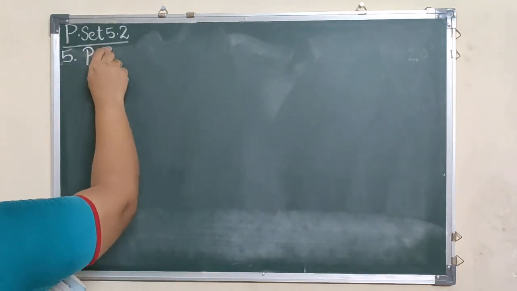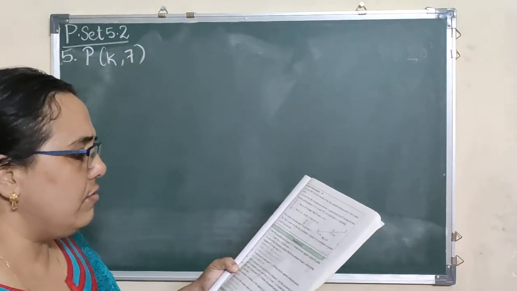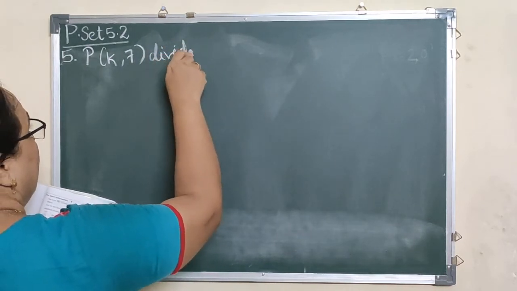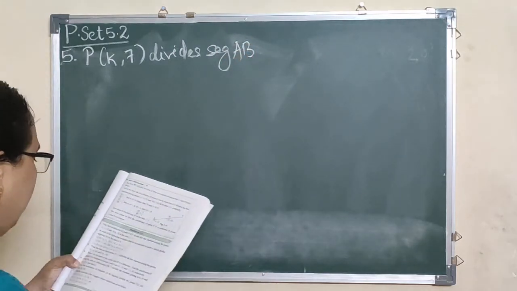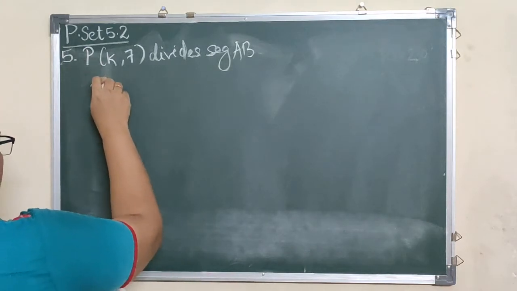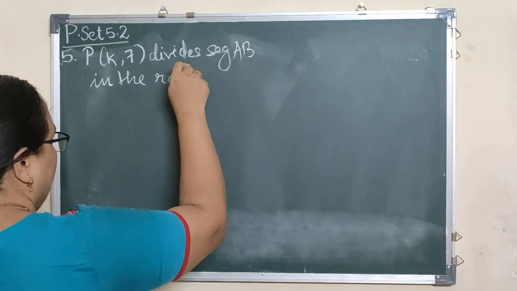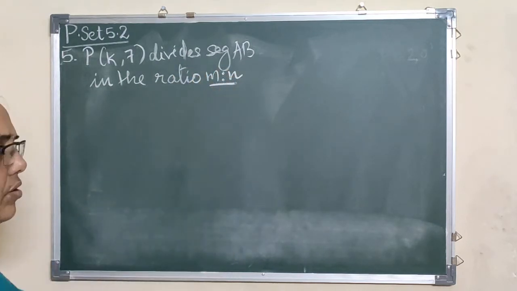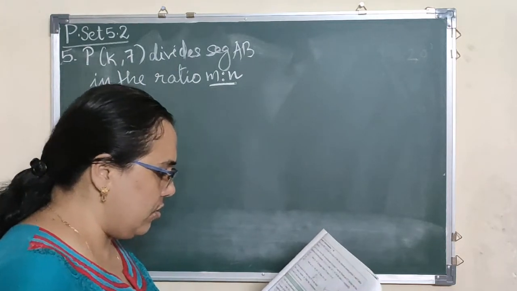K, 7 divides the segment AB in the ratio, which is not given, so we have to find the ratio. So in the ratio m is to n.